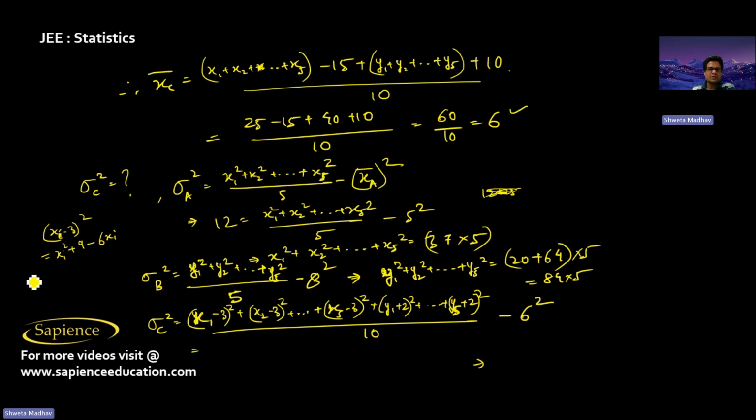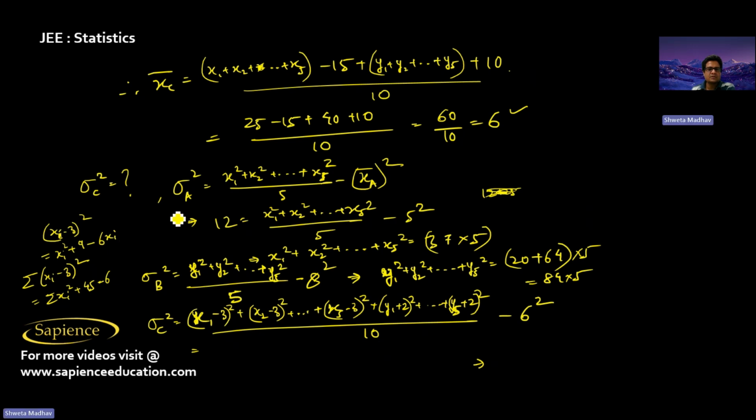When I do the sum of (xi - 3) whole squared, this will be the sum of xi squared plus 9 added 5 times, so 45, minus 6 into summation xi.